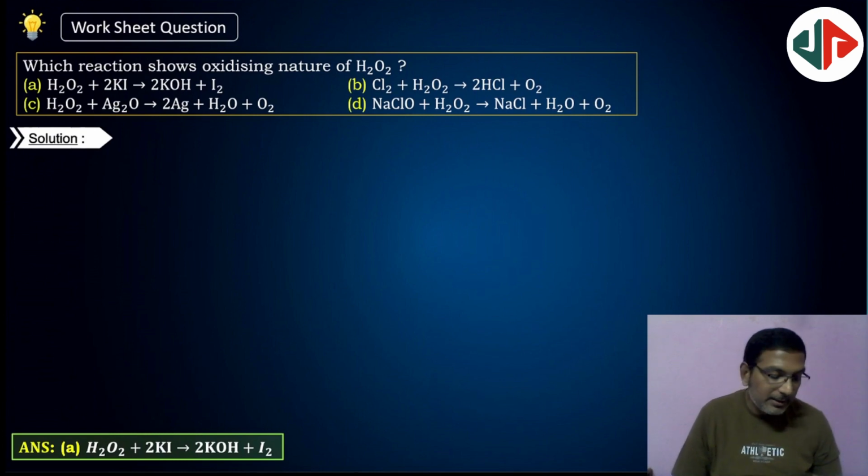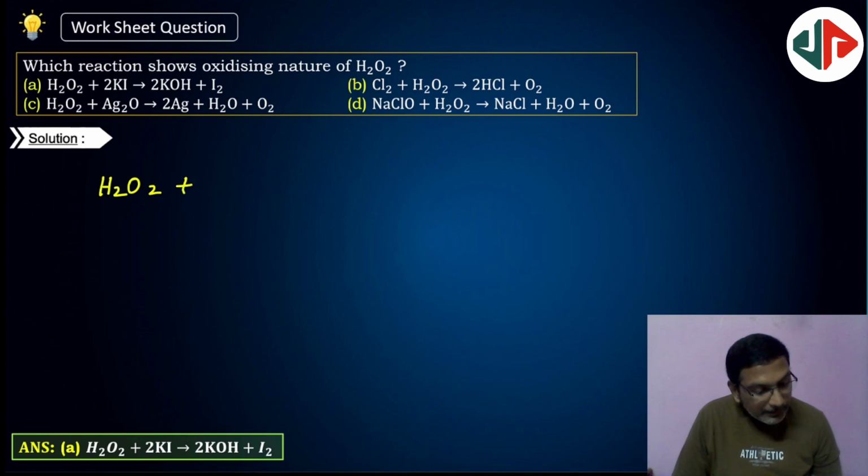Which reaction shows oxidizing nature of H2O2? Oxidizing nature. So take here H2O2 plus, in first option I am taking I minus gives I2 plus H2O. No need to balance, just I am taking H2O. See here, oxidation state -1 changes to -2.